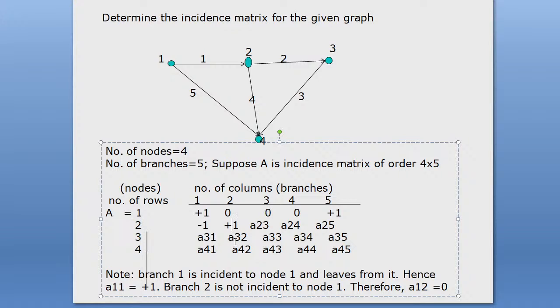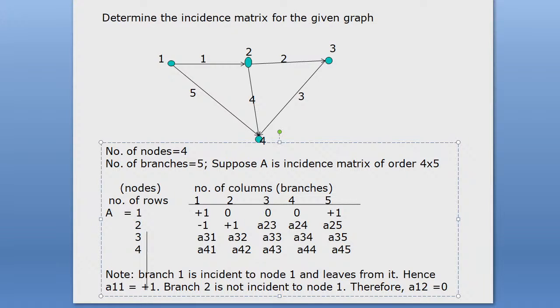Then you tell me the value of element a23, second row and third column element value, what will be the value? Plus 1. Yes, you are right. Plus 1.